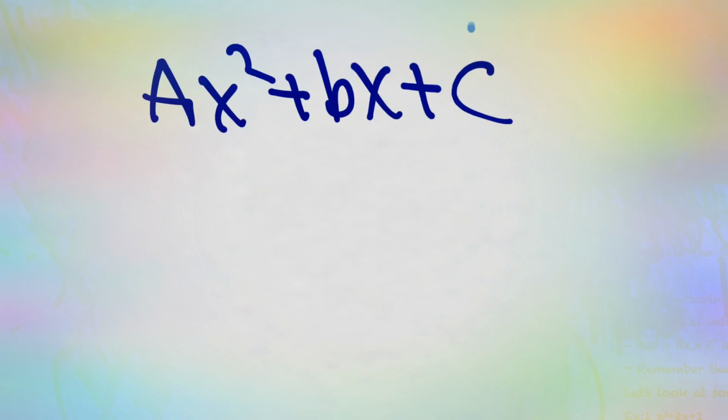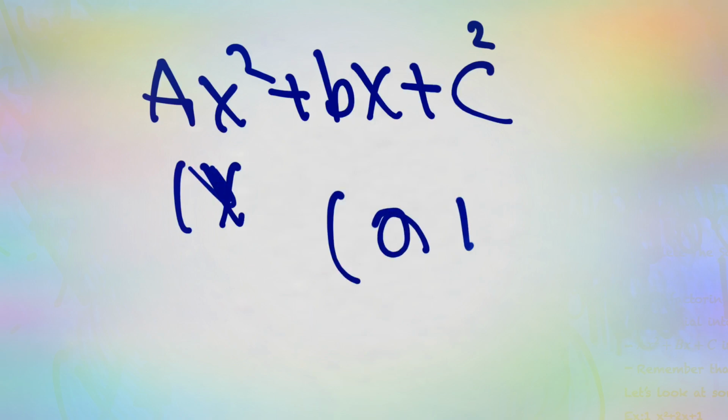If the trinomial happened to be a perfect square and satisfied the middle condition, we could rewrite it as a plus b squared. And that can only be written if you have a perfect square trinomial.